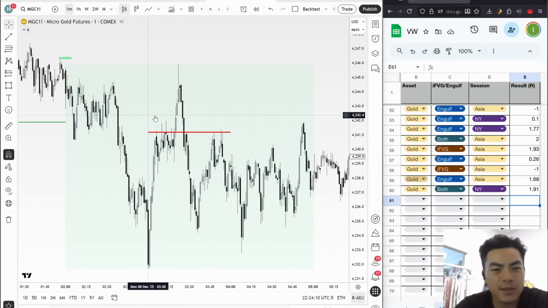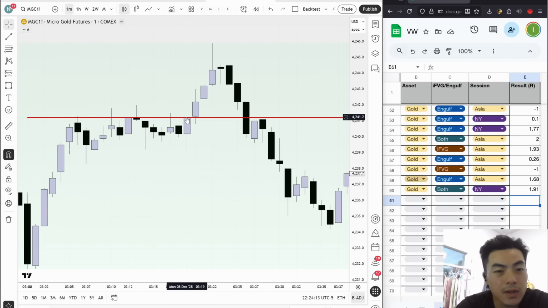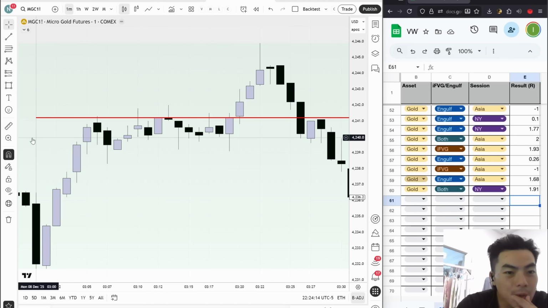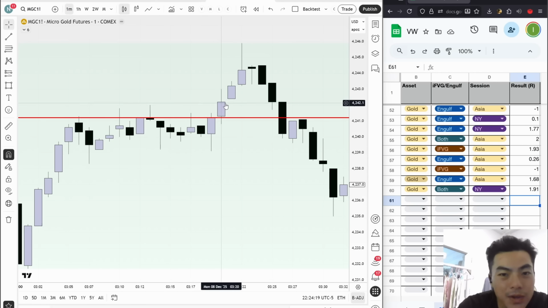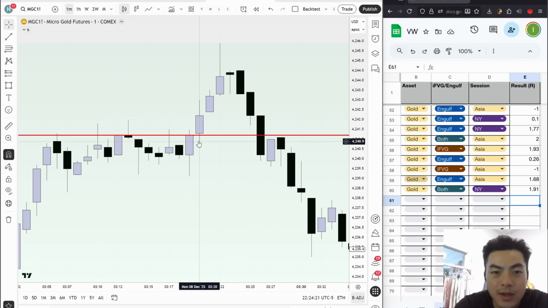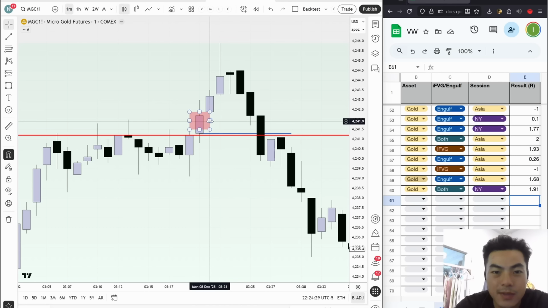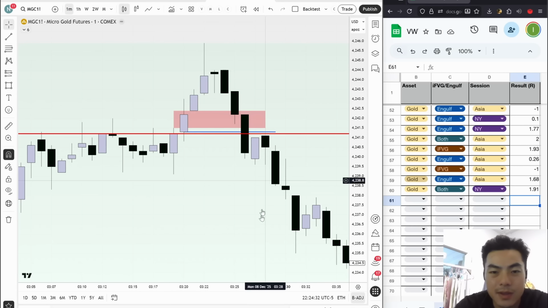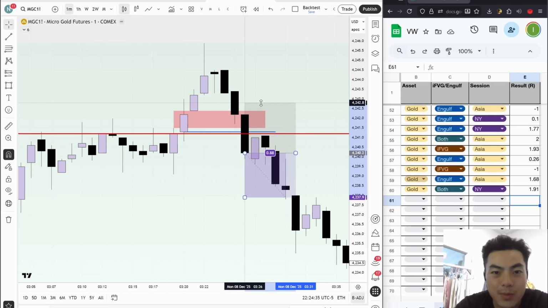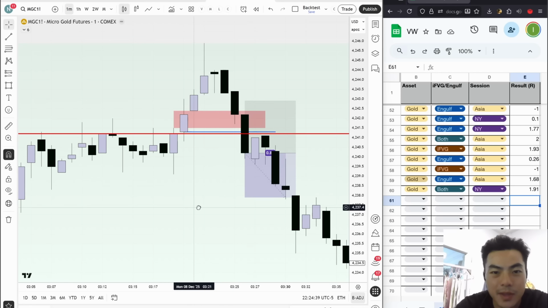Alright, let's see. It's like a London trade here. Candle opens up, we go up, no close above the POI until here. So we want to see a close below this candle for our engulfing entry. There's also a bunch of fair value gaps. Inverse fair value gap here. So we'll finally get that close on this candle. I'll put stop there, just above that.